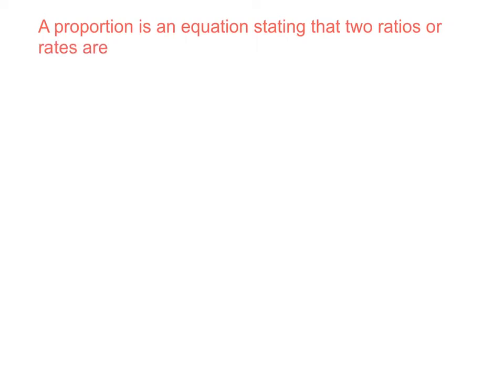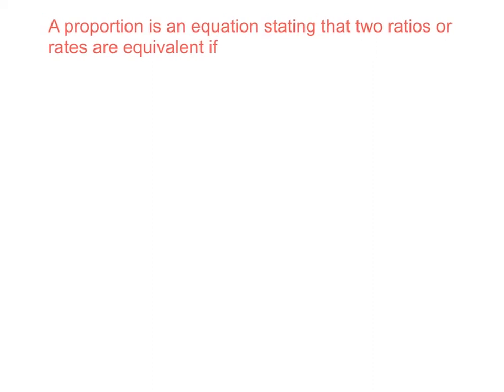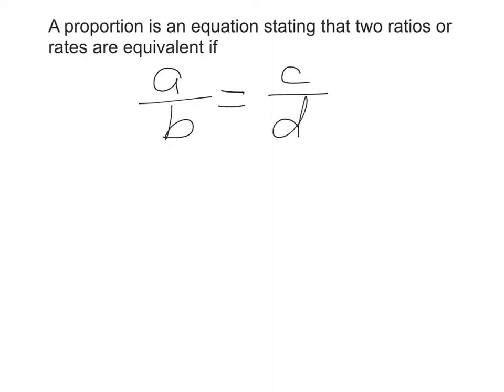A proportion is an equation stating that two ratios or rates are equivalent if A over B equals C over D.